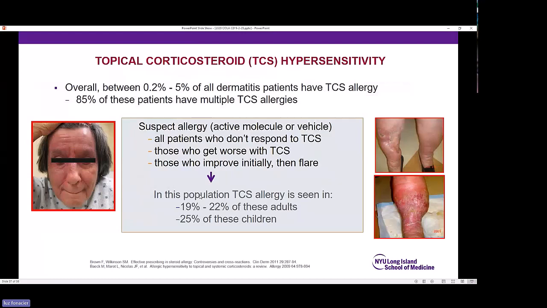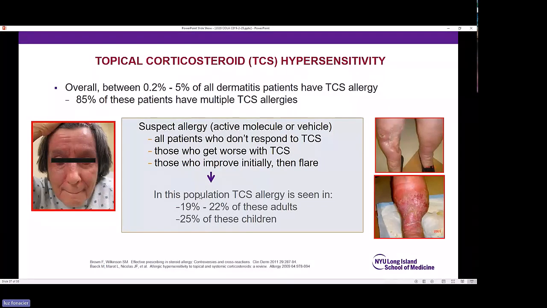So you will suspect that again in those who don't respond to topical corticosteroids or get worse when you apply it, or it improves then flares. If you have this population and you patch test them, you will actually pick up close to 20% of these adults with a positive topical corticosteroid allergy, and about 25% of these children would have a topical corticosteroid allergy.